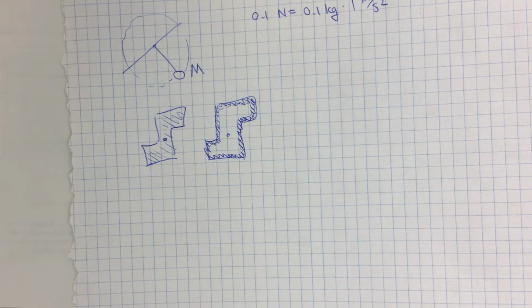So which one do you think, if I let it roll down, will get to the bottom first? The solid one, why? Okay, so its moment of inertia is lower. Why does that mean it should be able to travel faster? It means that the rotational energy, like it'll need less rotational energy. Pretty much.